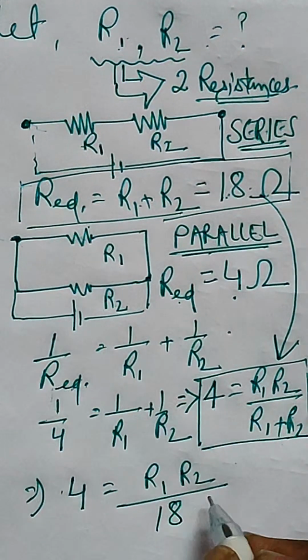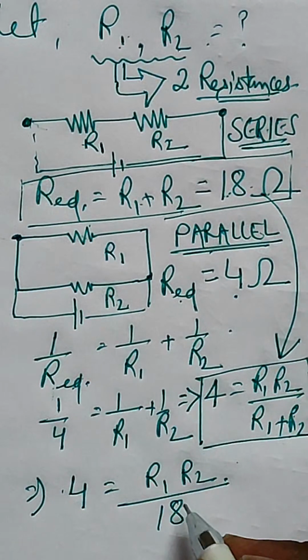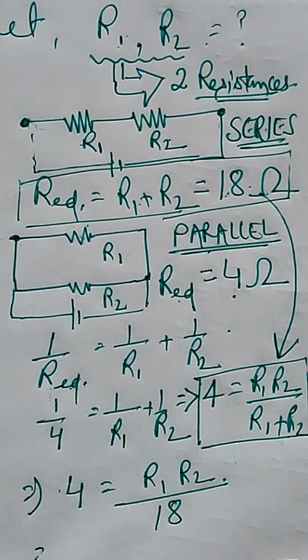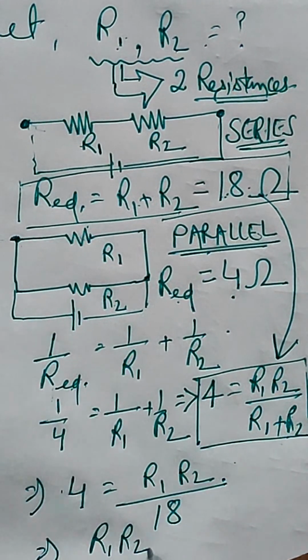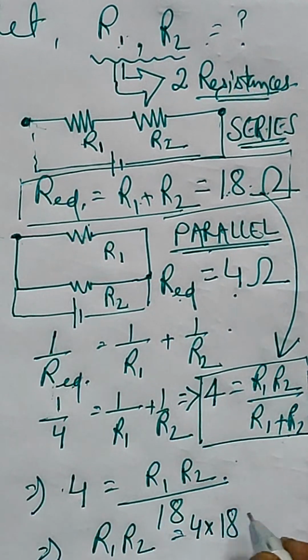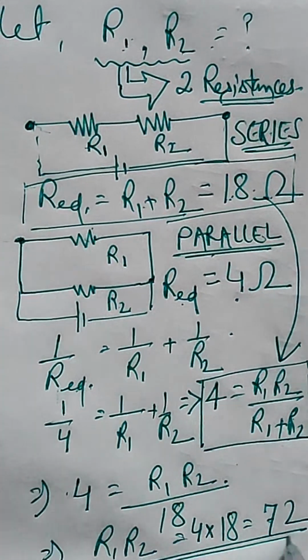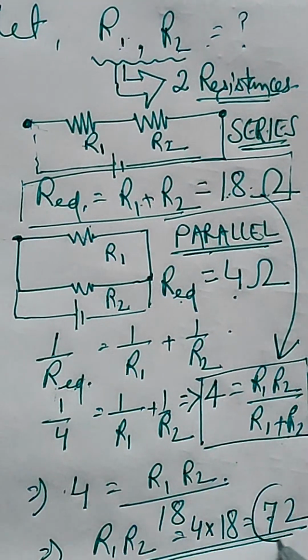So this will give you the value of R1 into R2 as equal to 4 into 18, which is 72. So the value of R1 R2 is calculated as 72.